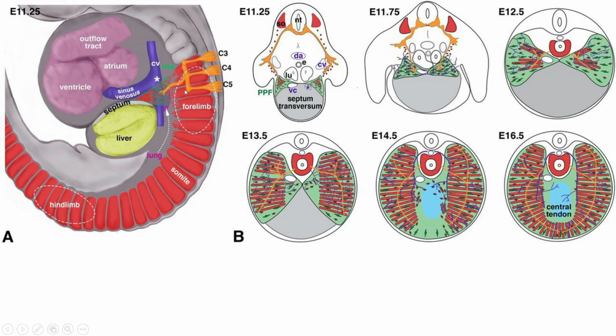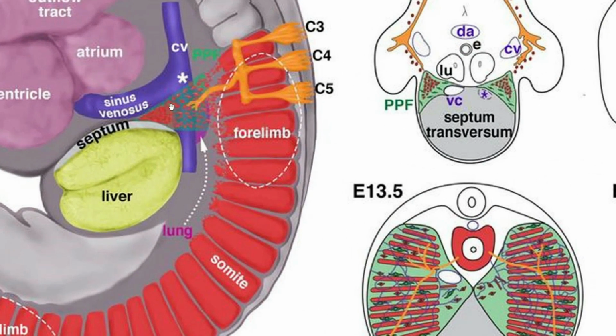Studies showed that the muscle progenitors of the diaphragm originate from the cervical somites, likely cervical 3, 4, and 5 somites. The red things you can see here, these are the somites. The muscle progenitor cells are represented with the red dots.